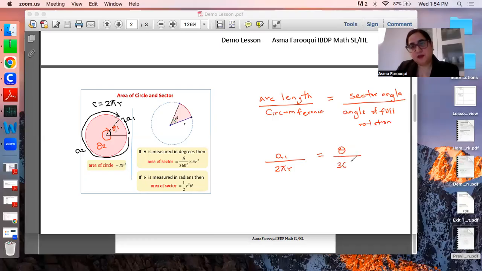So please remember, in the unit circle, our standard is we use radians over here. And again, instead of 360, you can write it as radian. So 360 in radian form is 2 pi. So let's substitute that here. Then we get A divided by 2 pi r equals theta divided by 2 pi.